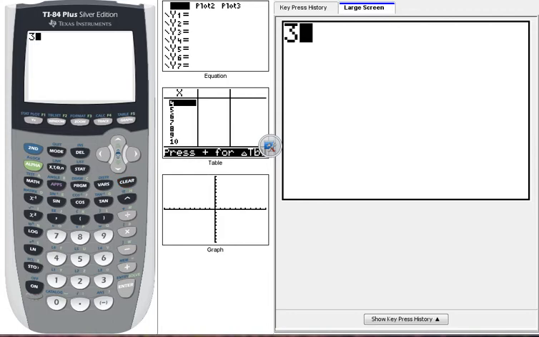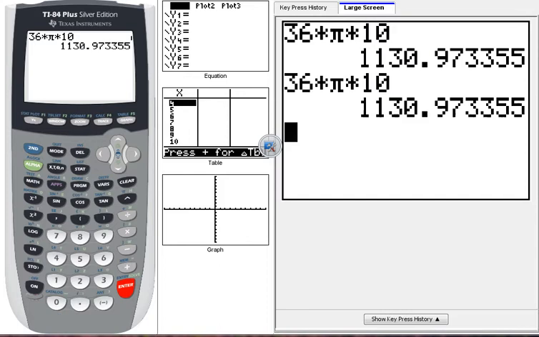We're going to do 36 times, I'm going to use the pi button on my calculator, times 10. Then I'm going to take all of that and divide by 3.